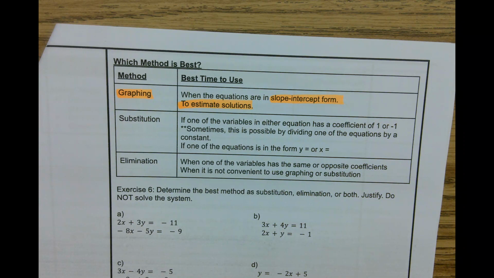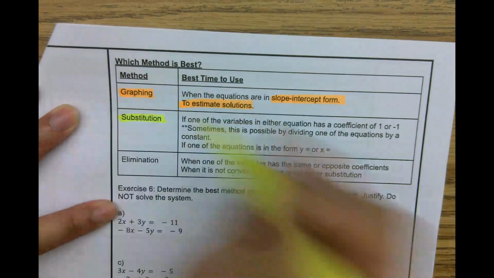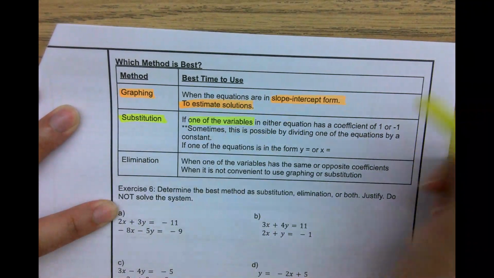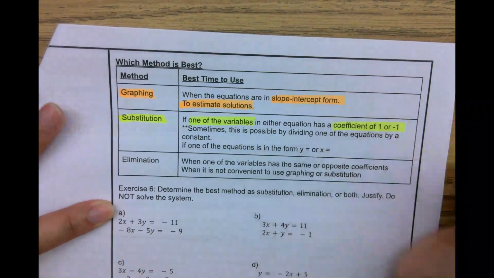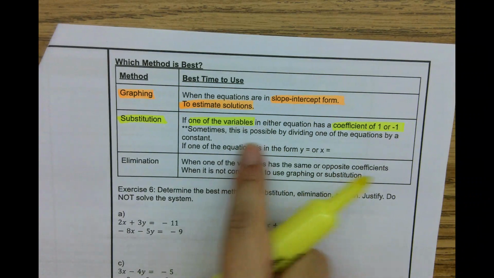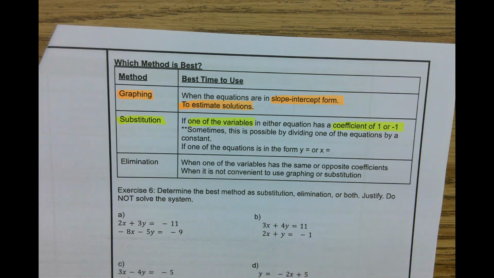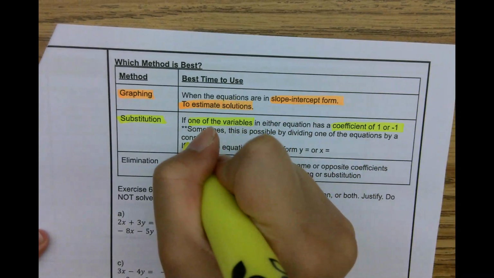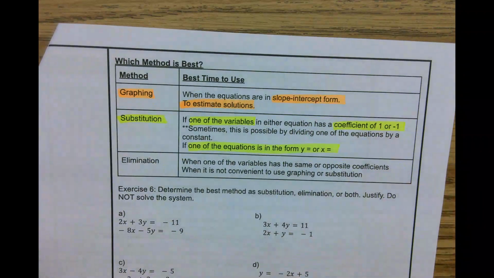We want to use substitution whenever one of the variables, either x or y, has a coefficient of 1 or negative 1. Sometimes this is possible by dividing one of the equations by a constant. Another way of saying that is when our equation is something simple like x equals or y equals, because it's already solved for that, it's easy to just substitute it in.